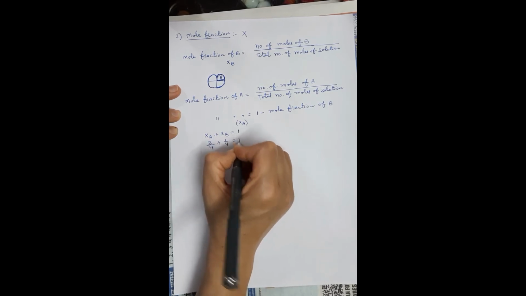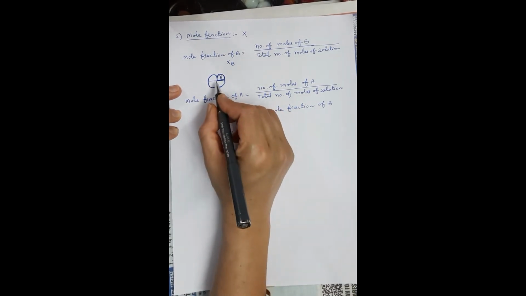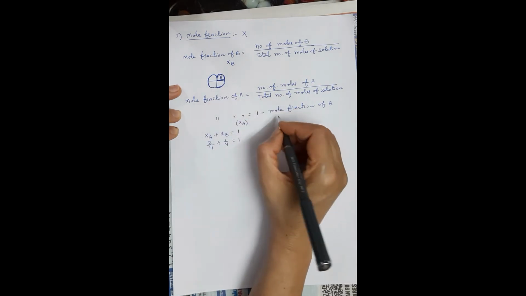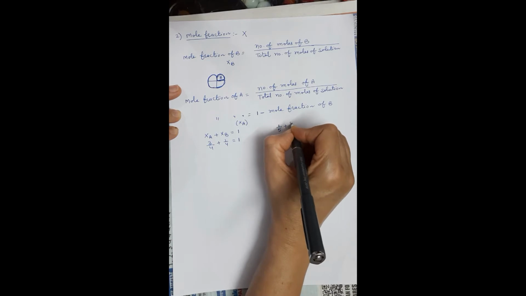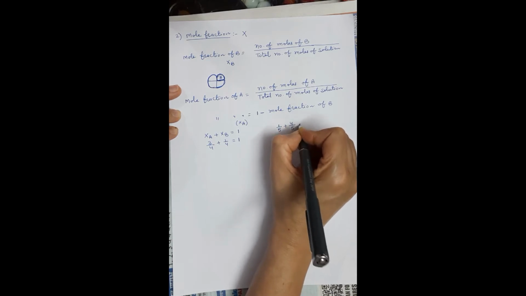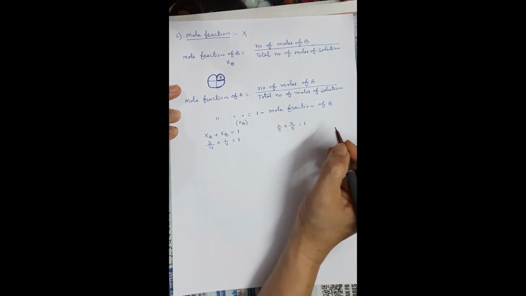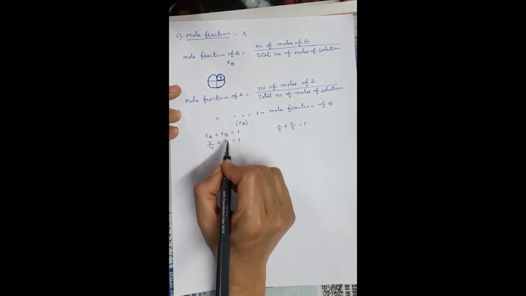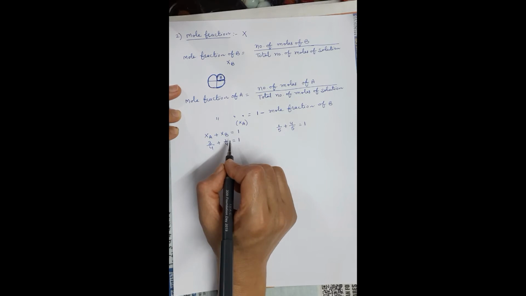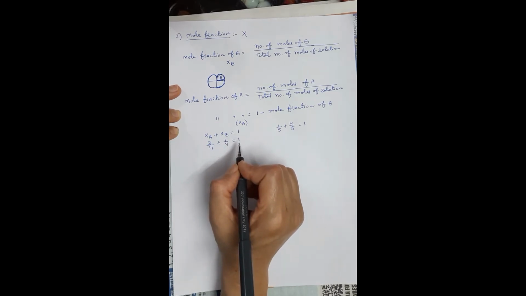It is always equal to 1. Even if you divide it into 5 parts, if B is 1 by 5, then the rest, which is solvent, is 4 by 5, and this also comes out to be 1. So the sum total of mole fractions of all the components present in a solution is always equal to 1.